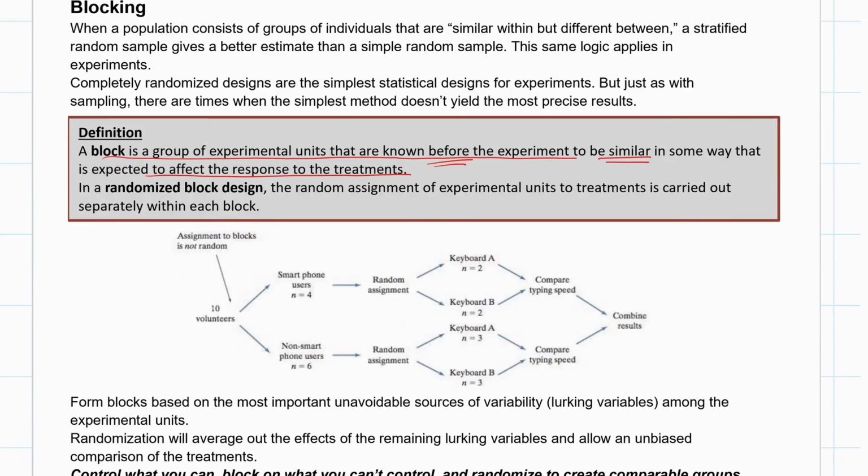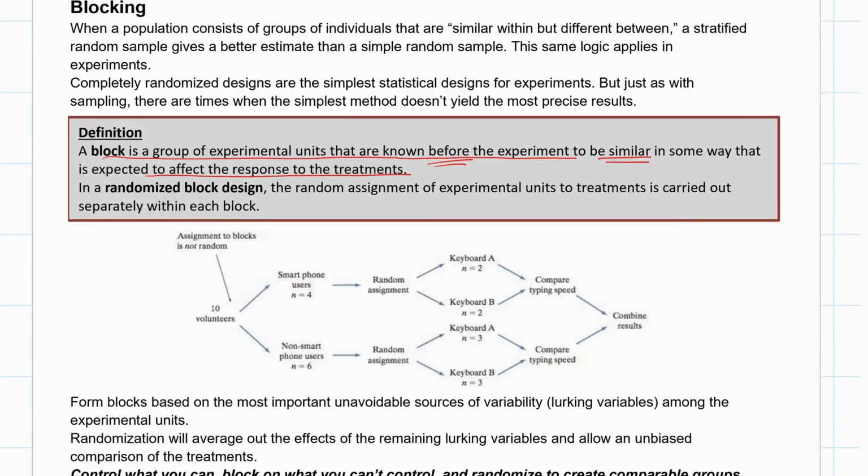Now, if we know ahead of time that they're going to interpret the treatment differently, the one thing that we want to avoid is to have all of those experimental units that react differently all in the same treatment group. Because then are we measuring how well the treatment affects the groups, or are we measuring just the inherent difference in the two groups?